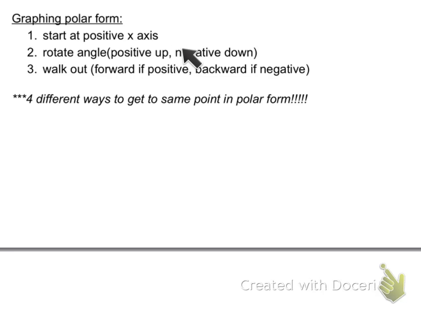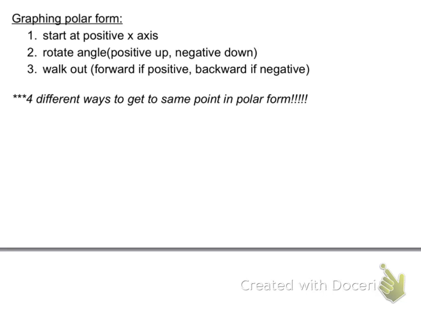If it's 1 degree, you take just a little teeny turn. If it's 100 degrees, you take a larger turn. If it's 1,000,000 degrees, you just keep spinning and spinning and spinning until you get to the point where you get to 1,000,000 degrees and you stop. And that's wherever you're looking at 1,000,000 degrees is where you stop.